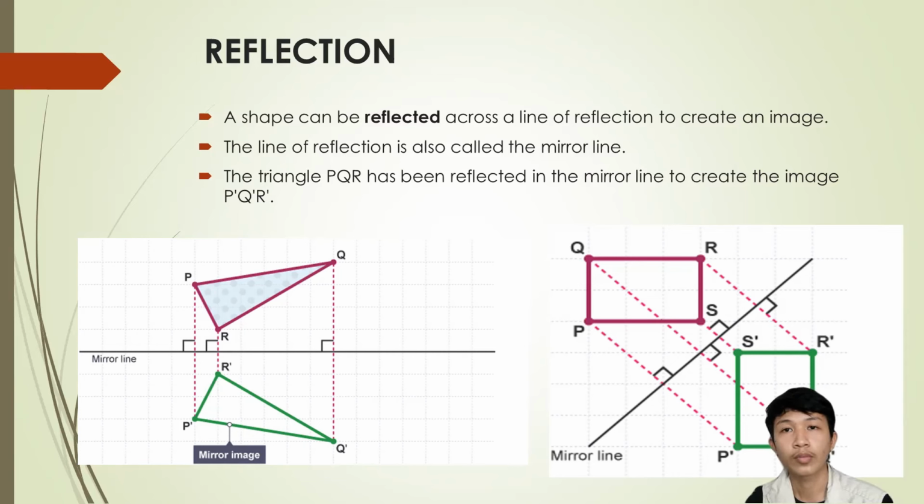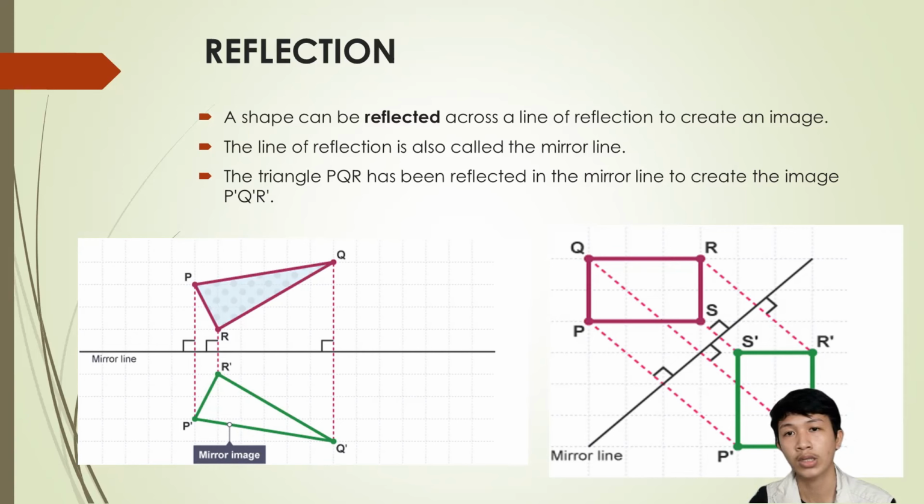The line of reflection is also called the mirror line. The center line is the mirror line. The triangle PQR has been reflected in the mirror line to create the image. Look at the picture.